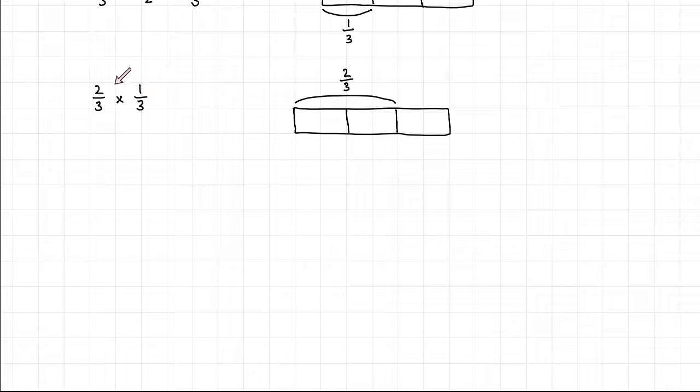Now this is actually quite difficult to do, but one way I can do it is I can look at each third individually. So I'll make that into thirds here. So I'll split this into 3 and I'll keep 1/3, and I'll also split this into 3 and I'll keep 1/3 from here. So let's show how that's gonna look.